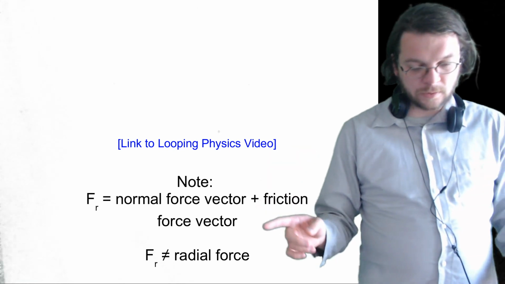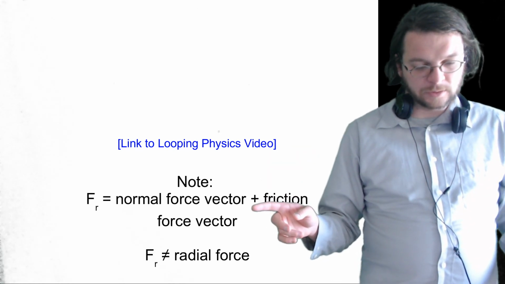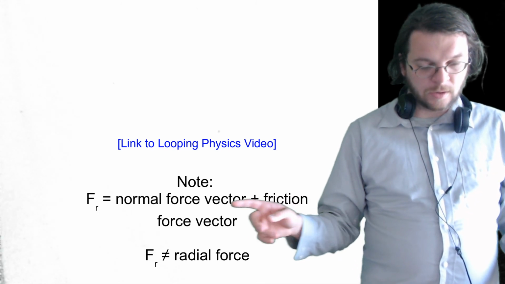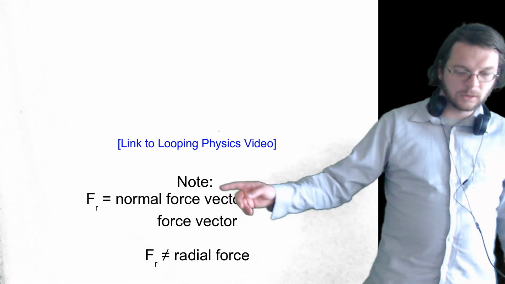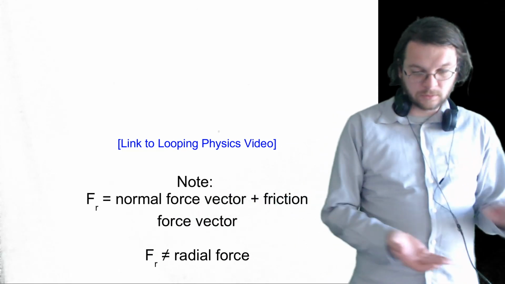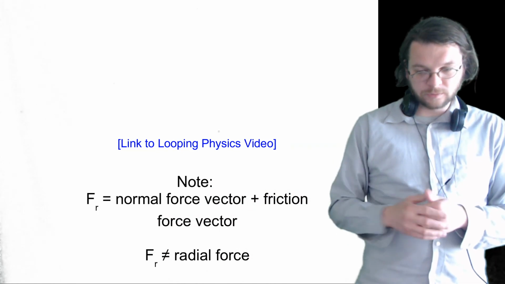Before we jump into it, I want to say that they have labeled the forces in this thing. F sub r includes both the normal force, in other words, the force of the road on the car, but it also includes the friction force.